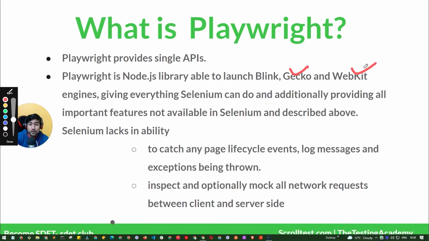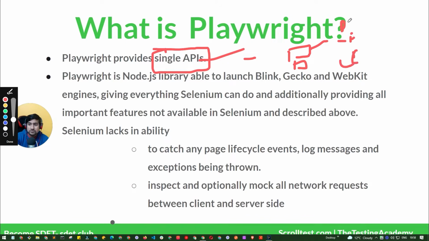So now it becomes a cross browser tool. And the interesting point is a single API. Pramod, what does single API basically mean? Whatever code that you write is applicable for Chrome, for Firefox, and for Safari also. So they have very similar code. That's why it's a single API here.